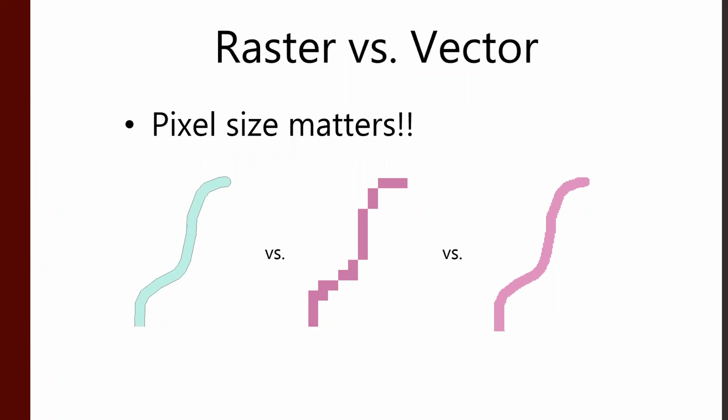Raster data is going to look pixelated, basically no matter what size it is. Big pixels, big pixelated. Small pixels, small pixelated. Raster data is always going to have this kind of stair step or Minecrafty type approach.